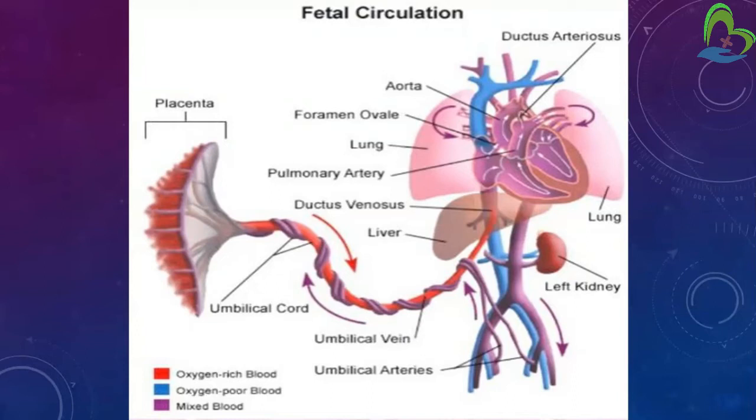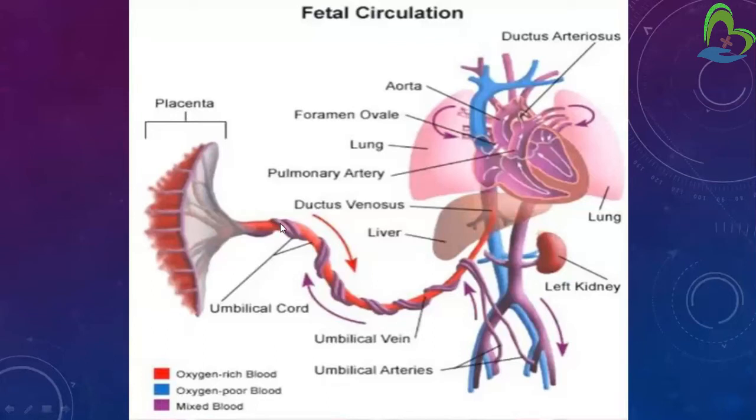Now let's see the fetal circulation. In fetal circulation, first the placenta is attached to the uterus of the mother. So from the mother, oxygenated blood comes through the placenta. Then from the placenta, it enters into the umbilical cord.